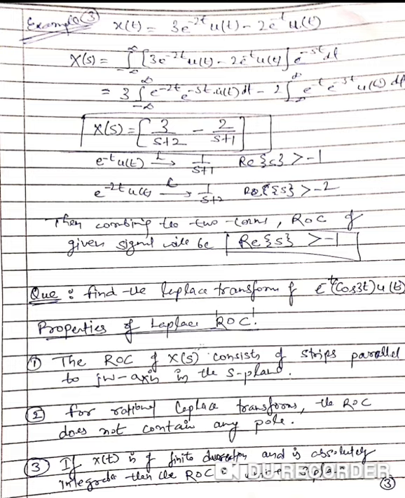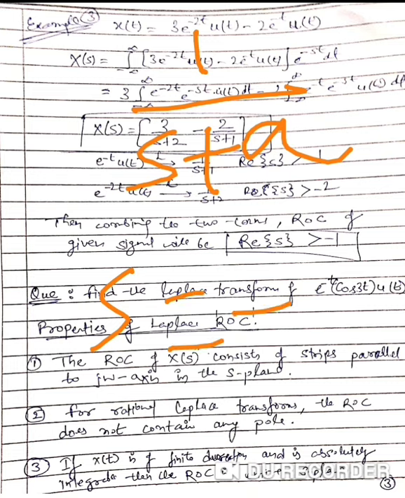So why does it not contain any pole? Let us see. If a transform comes out to be like 1 upon s plus a, the pole of this function is s equal to minus a. For s equal to minus a, the value of the transform X(s) will be infinite, as the denominator becomes 0.